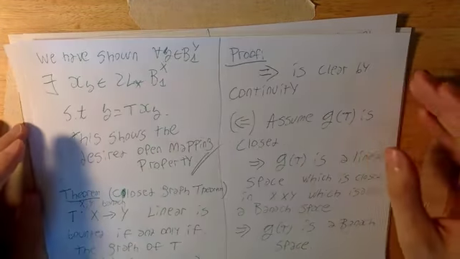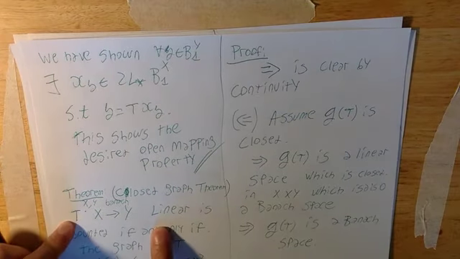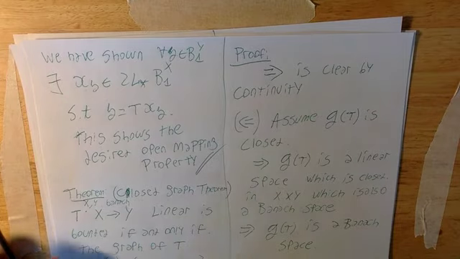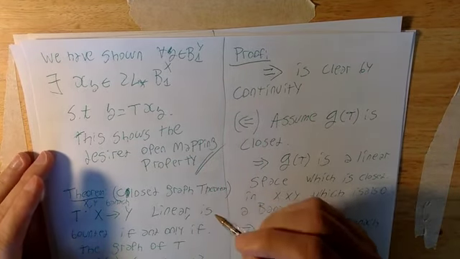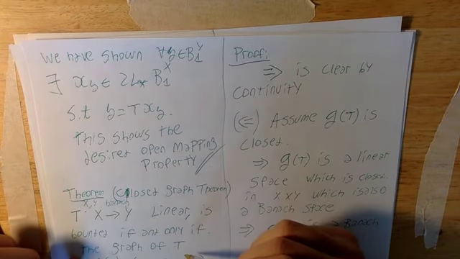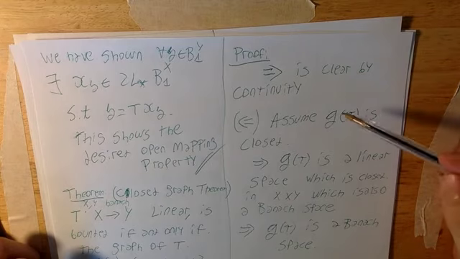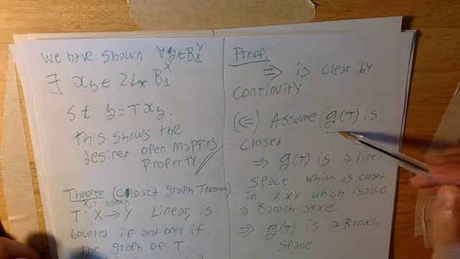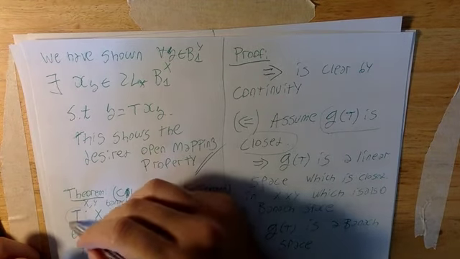But the point is, now we have X and Y Banach spaces and a linear mapping, which is bounded if and only if the graph of this linear mapping is closed. What we have assumed is that this graph is closed, and we have shown that T has to be bounded.